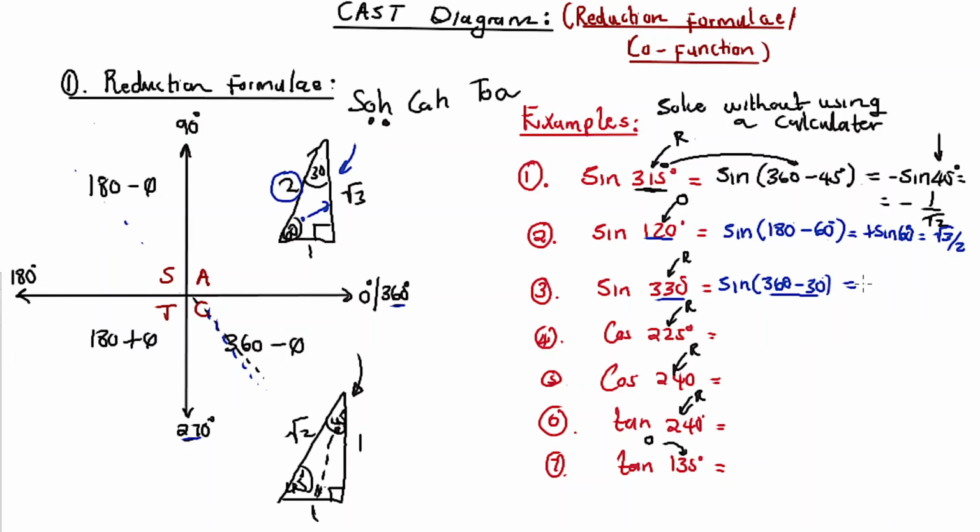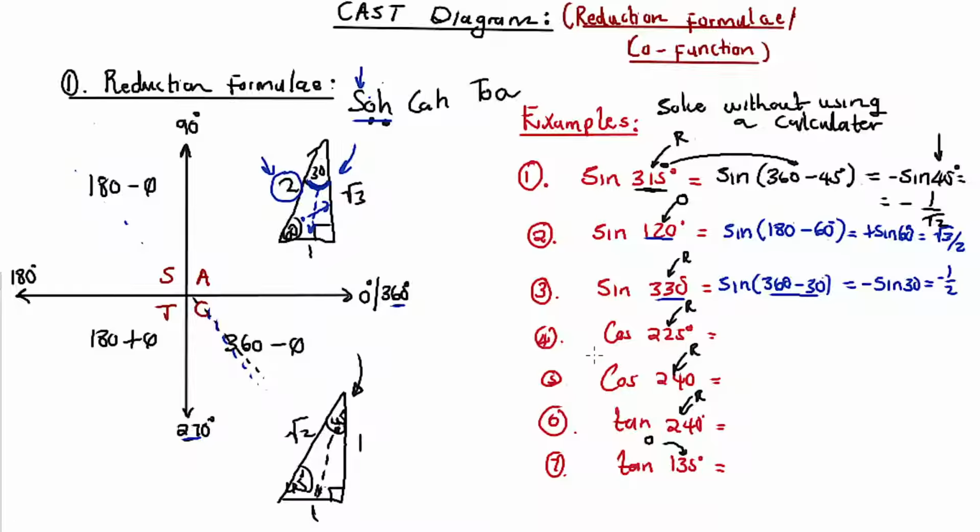This is equal to sine, and in the fourth quadrant sine is negative, so it's going to be negative sine 30 degrees. Using SOHCAHTOA, sine is opposite over hypotenuse. So with 30 degrees being the reference angle, this being the opposite side and this being the hypotenuse, it's going to be a half, negative 1 over 2.